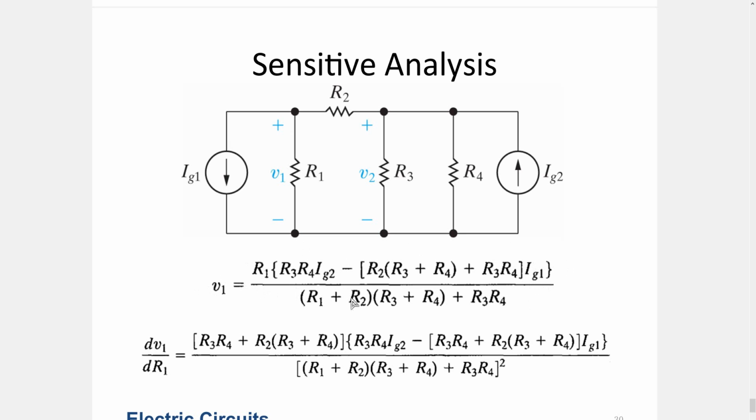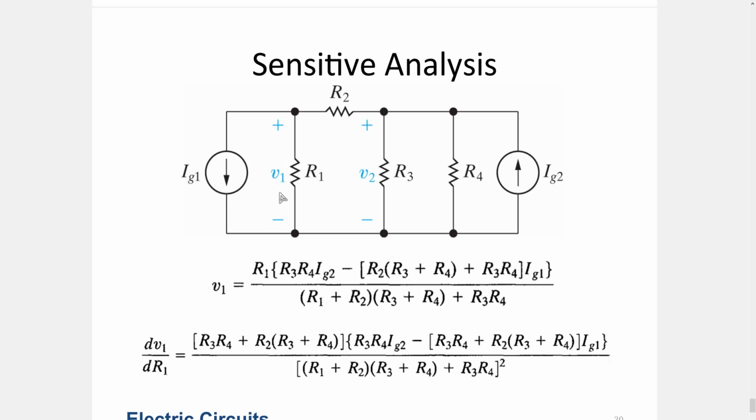Once you have this, now I would like to learn how this V1 will change with respect to a deviation in R1. You can take any of these resistances or any of these currents, any variables basically in this mathematical expression. That would be your independent variable. You can think of it like a function. Then you try to inspect the sensitivity by taking the derivative with respect to that chosen variable.